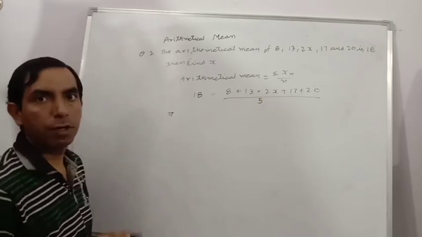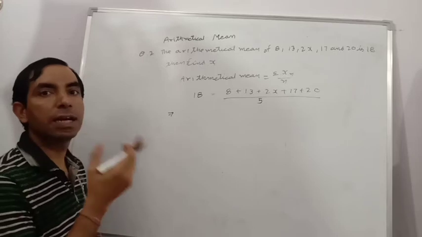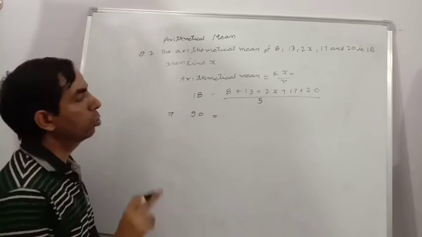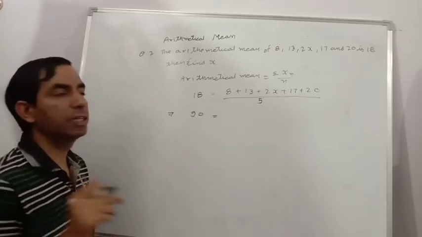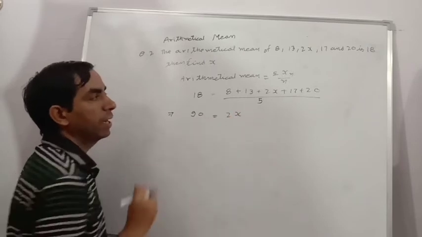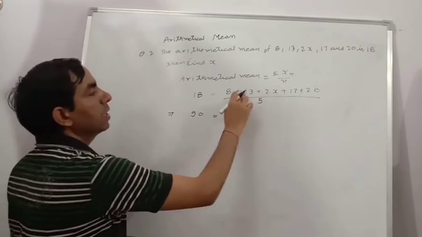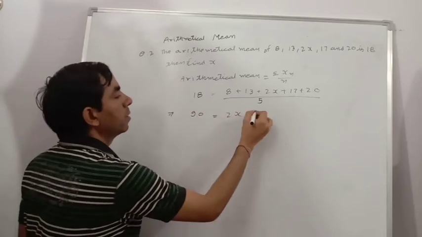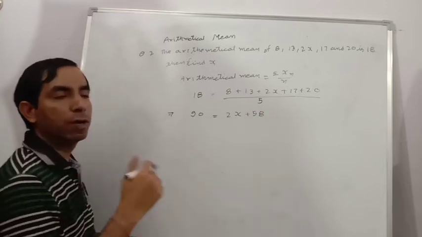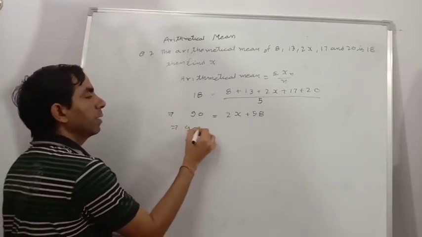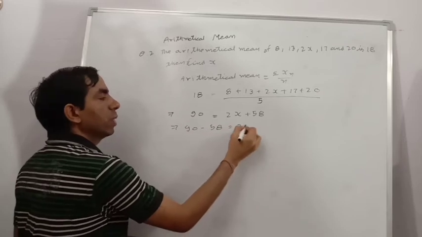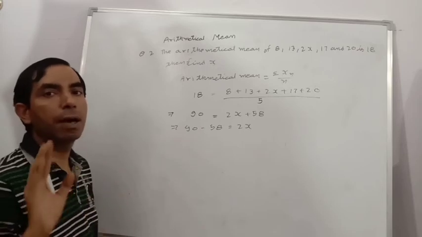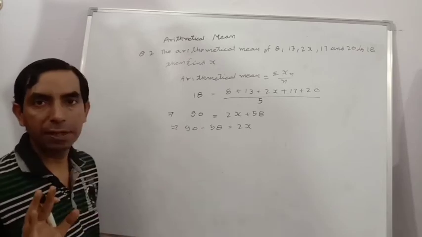Next, we do the cross multiplication and solve the right hand side numerator. So 18 times 5 is 90. Here the x term is only one, that is 2x, so write it as it is. The other numbers are 17 and 13 is 30, plus 20 is 50, and 8 is 58. Now we take the numbers on one side, then we get 90 minus 58 equals 2x. For finding any alphabet in a linear equation, you take numbers on one side and the alphabet on the other side.